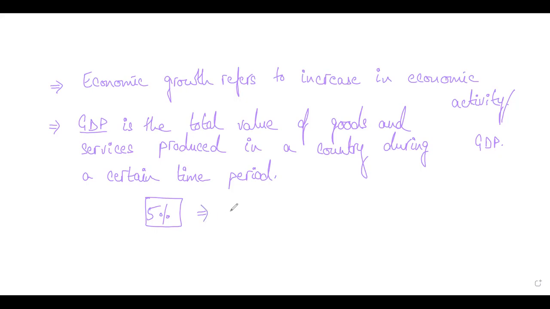What does it mean? It means that compared to last year, this year Pakistan's GDP has grown by 5%. So if last year Pakistan had a GDP of $100 billion, this year Pakistan would have a GDP of $105 billion because there has been a 5% increase. So that is what economic growth actually means.